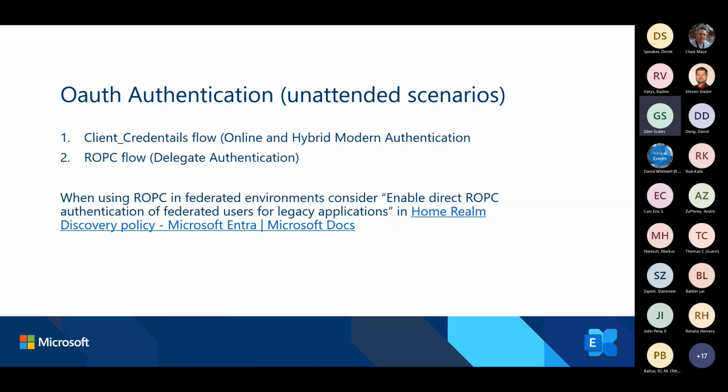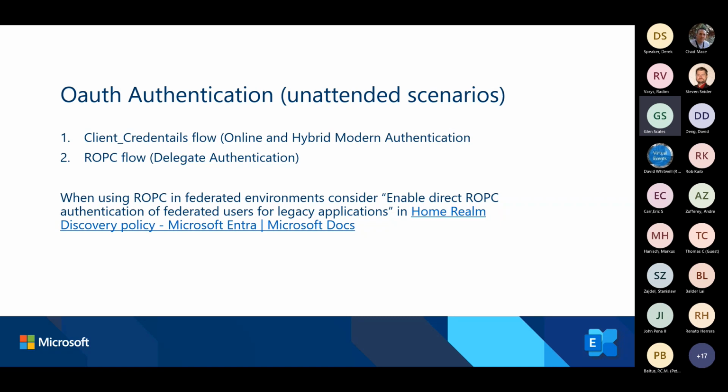The other method you can use for unattended scenarios is the resource owner password credentials flow, which is basically where you have a traditional set of user credentials. It's a simplified OAuth request to grab the access token using the username and password as part of the request. ROPC can be a real pain in federated environments, which most large customers use these days or have been using.